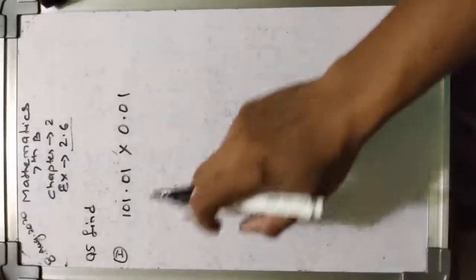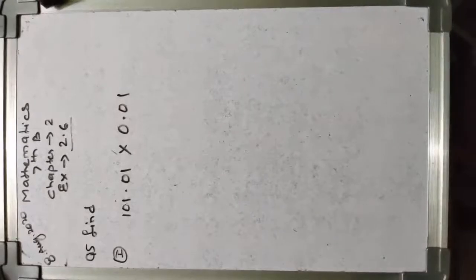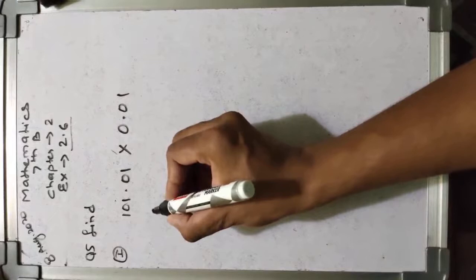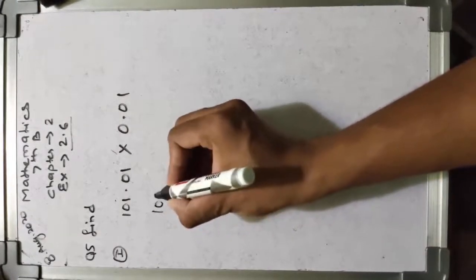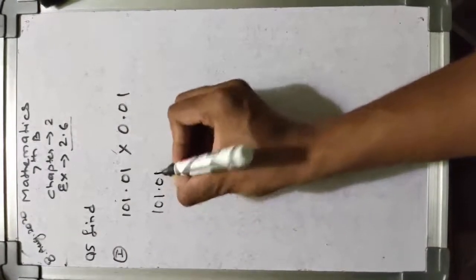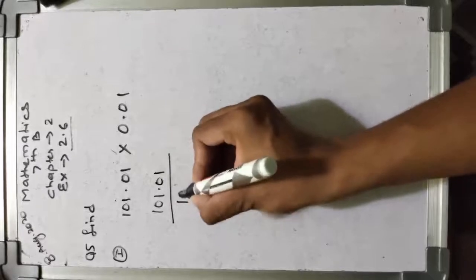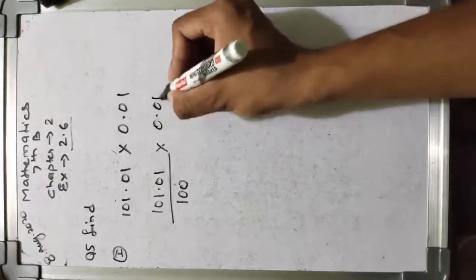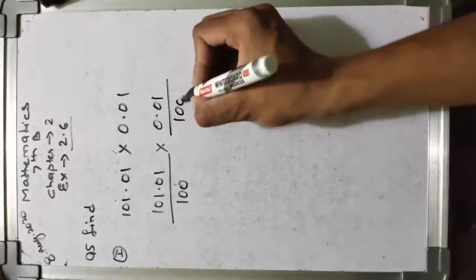Okay, so this is the 9th part of the question, and in this question similarly we use the previous method: 101.01 divided by 100, and here also 0.01 divided by 100 as well. Why?